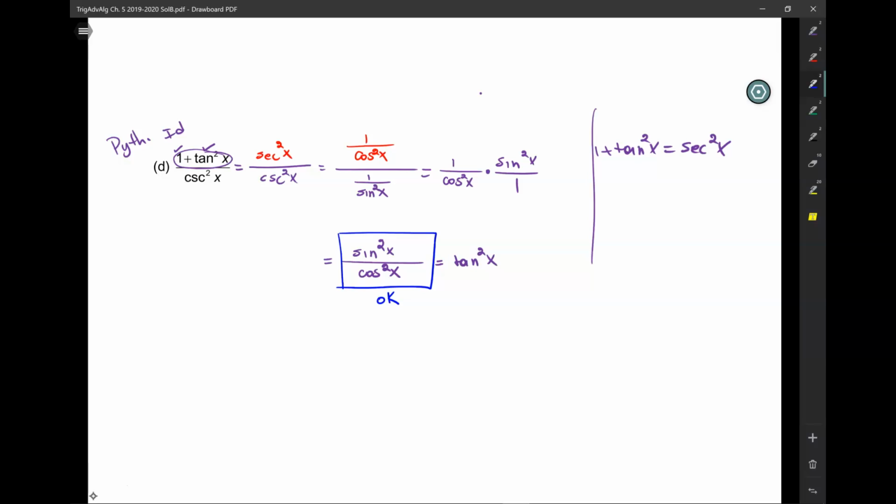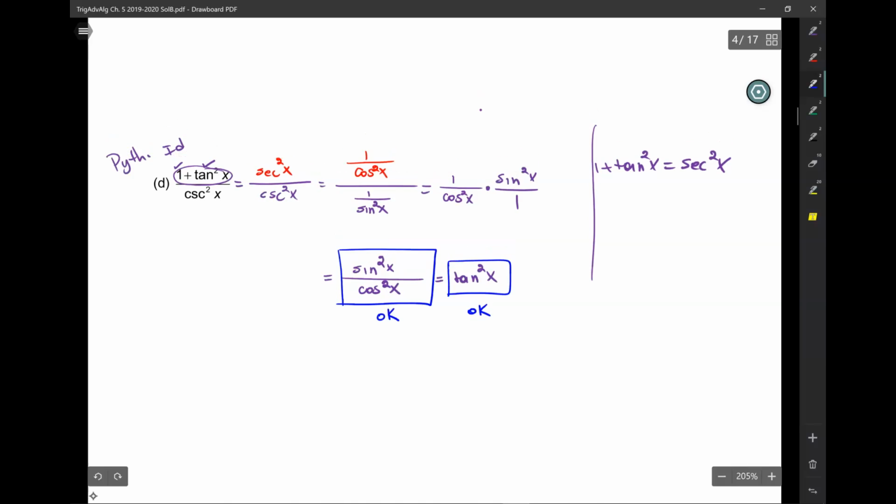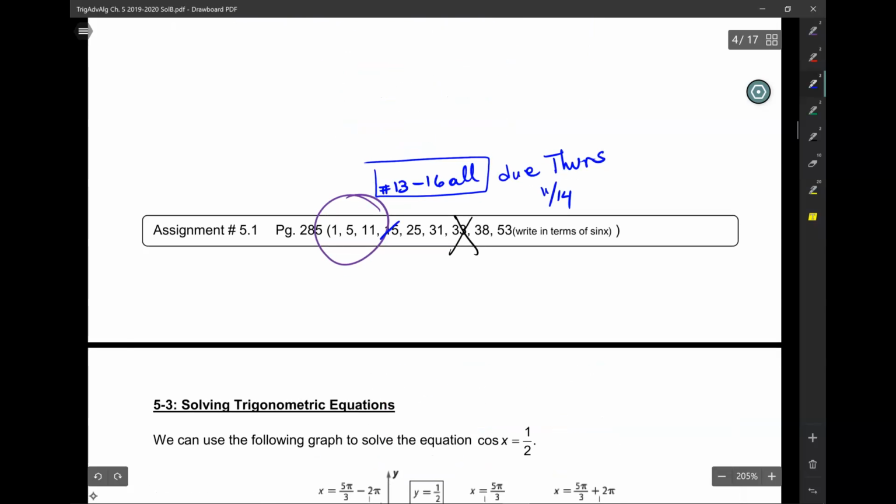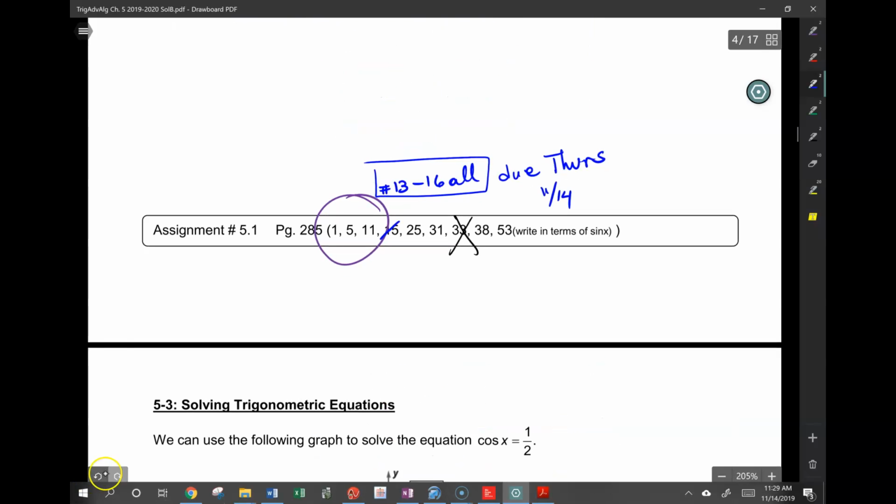If you want to go one step further and say tangent squared x, that is also acceptable. Okay? I will take either of those two. It's fine. Okay, now, for homework, I had assigned these ones.